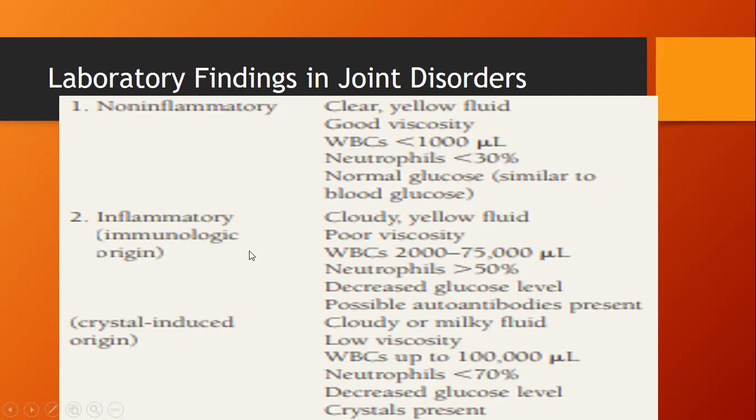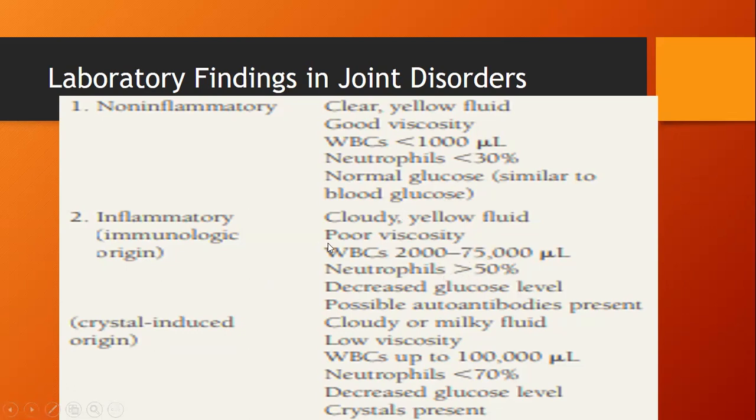In inflammatory joint disorders, for disorders with immunologic origin, you usually see a cloudy yellow fluid. This cloudy yellow fluid may indicate that there is an increased cellular element in your synovial fluid. Thus, the WBC is reaching up to 75,000 cells per µL, and usually these WBCs comprise the majority neutrophils, more than 50%.